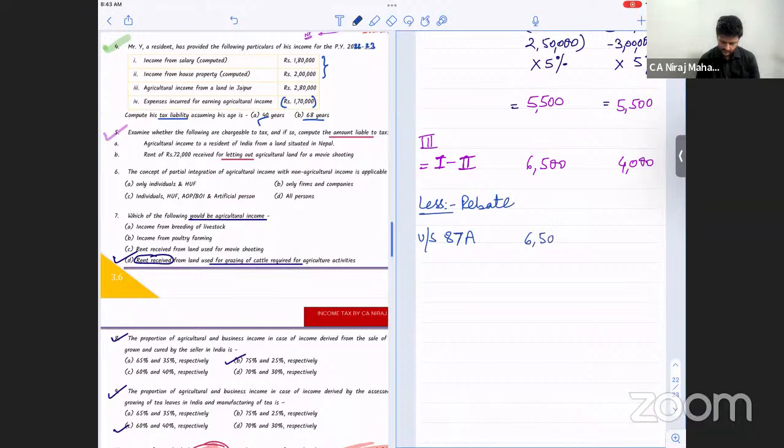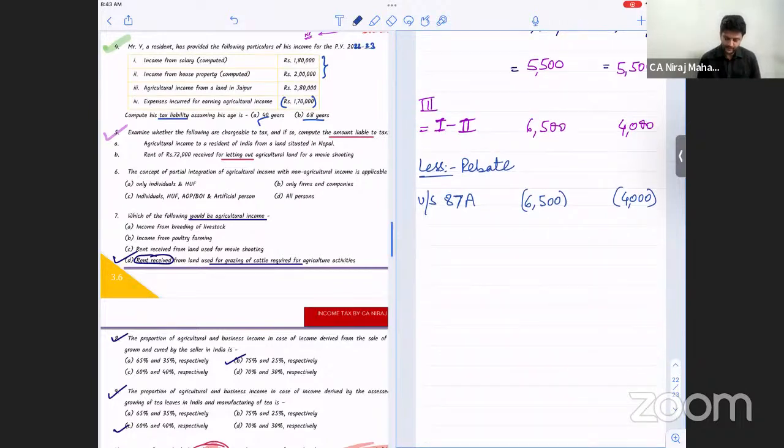So this is what, 6,500. Okay, all of you. Therefore, the tax liability is coming to nil. Done.